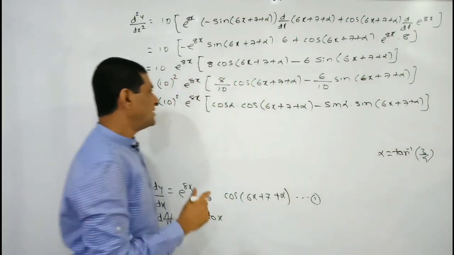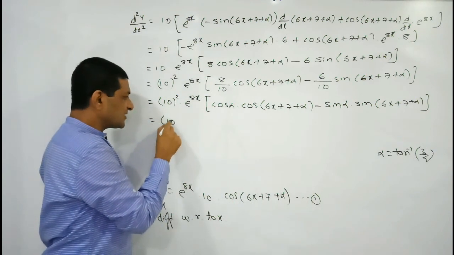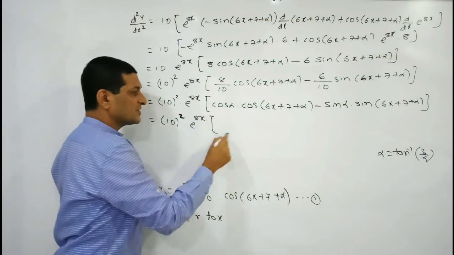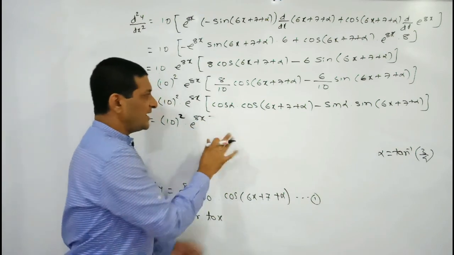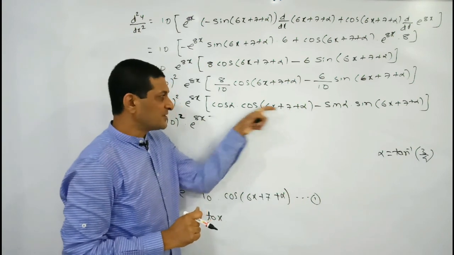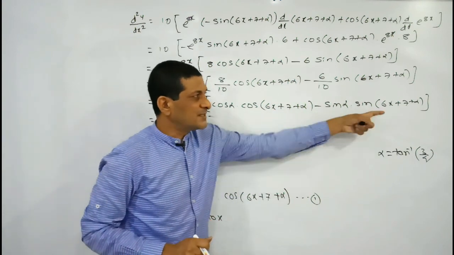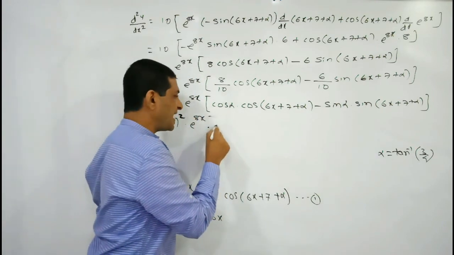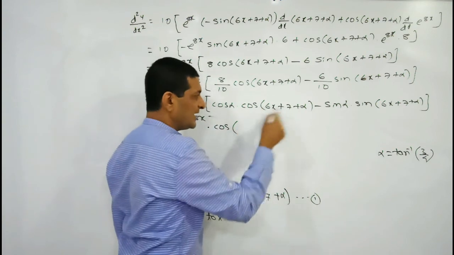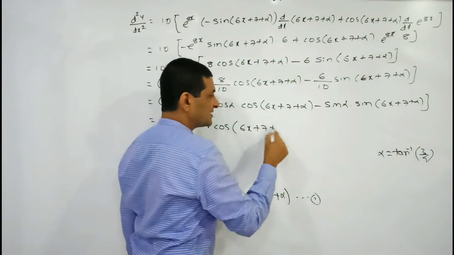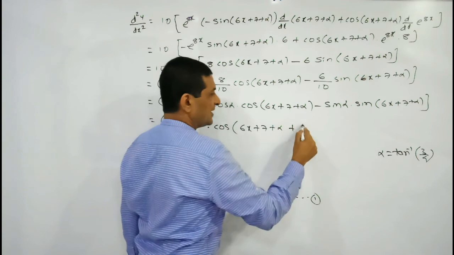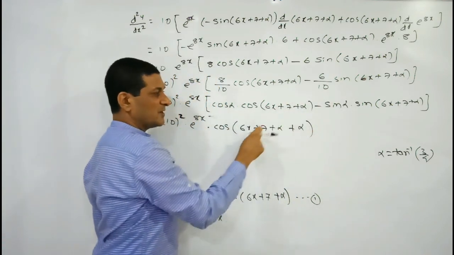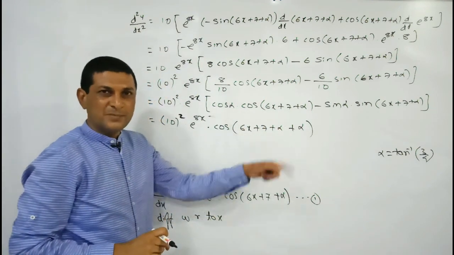Okay, so now we can observe that this expression is in the form of cos A into cos B minus sin A into sin B, which is the value of cos of A plus B. A means 6x plus 7 plus alpha, and B is alpha.